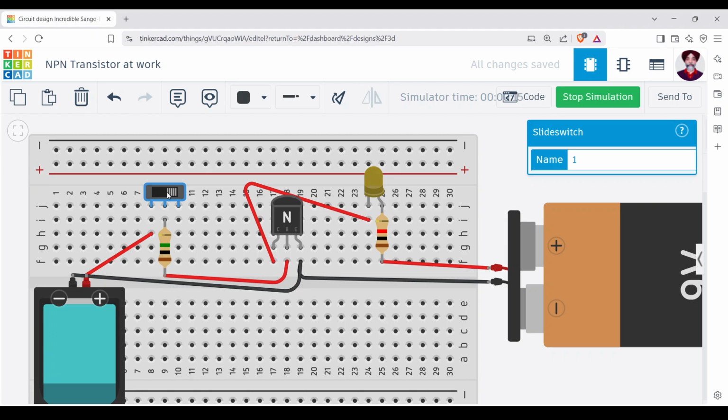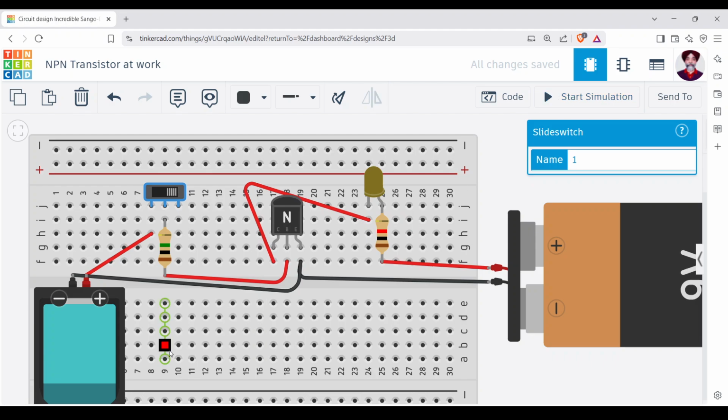Although there is some glowing here, the full current is not going through the collector and emitter. Okay, so you can see now that this is basically working like a switch, like an on-off kind of a switch.